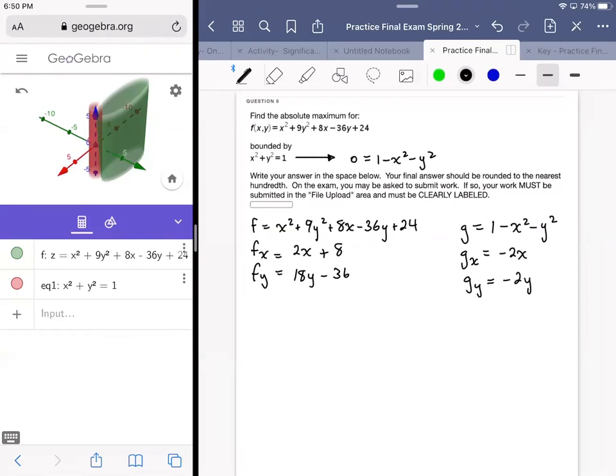So I use my Lagrange multiplier to set one equal to the other. As a proportional relationship, 2x plus 8 is equal to lambda multiplied by negative 2x. And then 18y minus 36 is going to be equal to lambda multiplied by negative 2y.